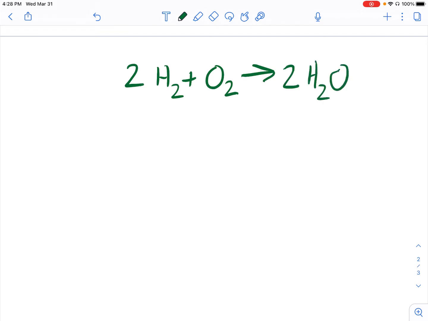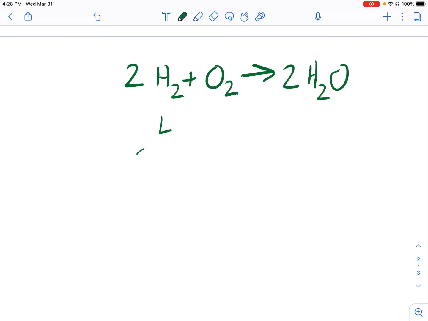another equation that we may look at here is just the simple reaction of hydrogen with oxygen to produce water. And you might say, if I have a certain volume of hydrogen gas in liters, how much water will be produced? And since we know gases are compressible, that number may depend on the pressure or the temperature of the gas.